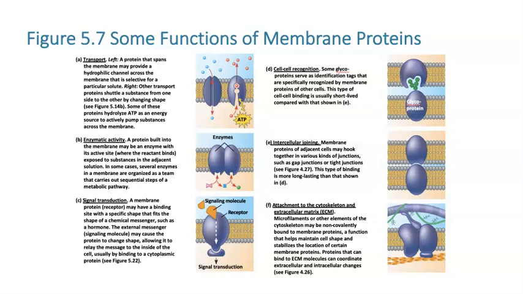They could be covalently or non-covalently bound to those membrane proteins, and what this does is it helps coordinate the activity of the cell. It also helps cells keep in touch with each other, as well as allow cells to be indirectly in contact with different parts of the interior of the cell.